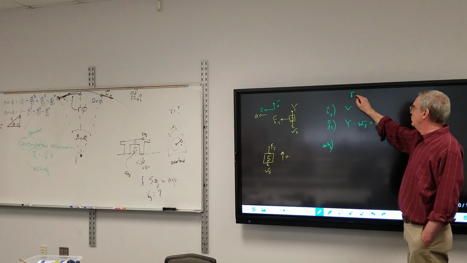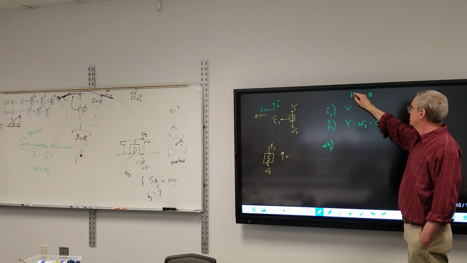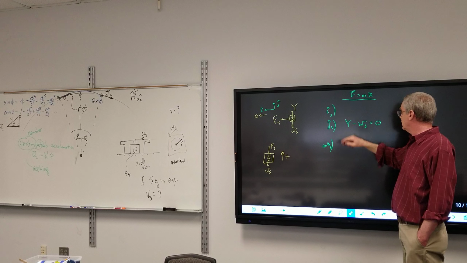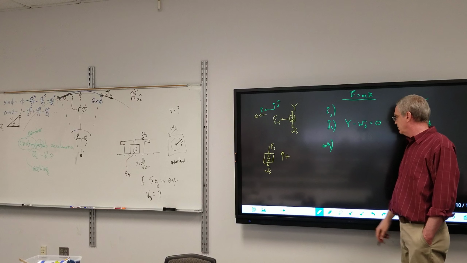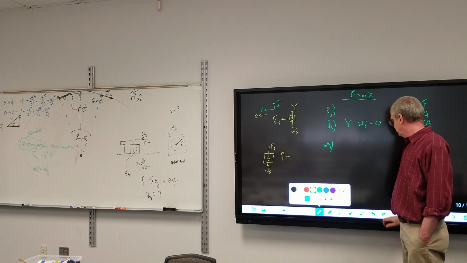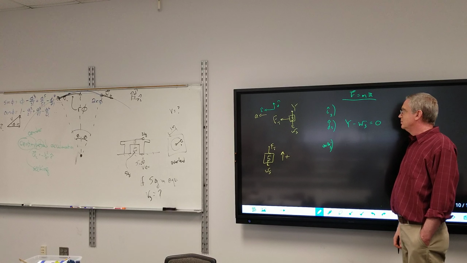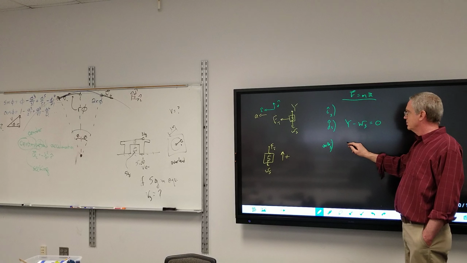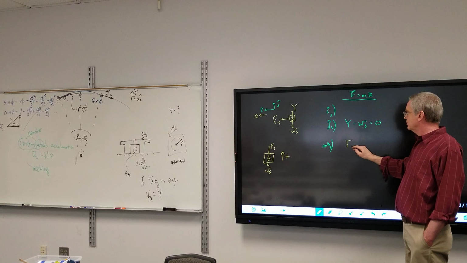Again, our template is Newton's second law, F equals ma. For the 5 kilogram mass: tension minus the weight of the 5 kilogram mass equals 0. One to go.